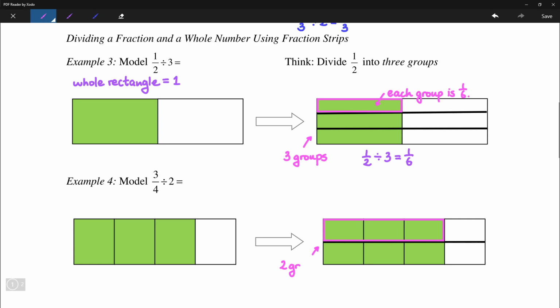So 2 groups. Each group is 3/8. So therefore 3/4 divided by 2 is equal to 3/8.